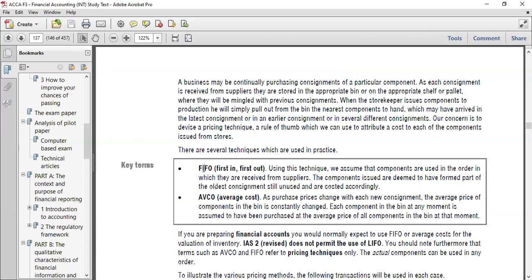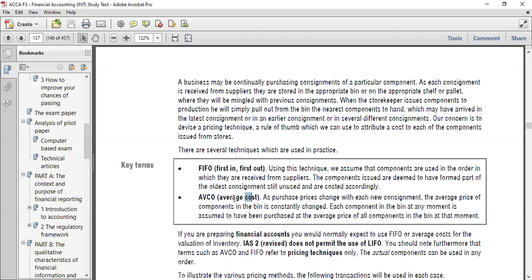First in, first out. So items that were bought later are likely to be part of our closing stock compared to items that were bought at the start of the period. That is what we do when we are using this technique.